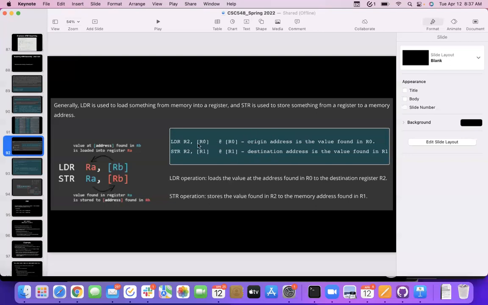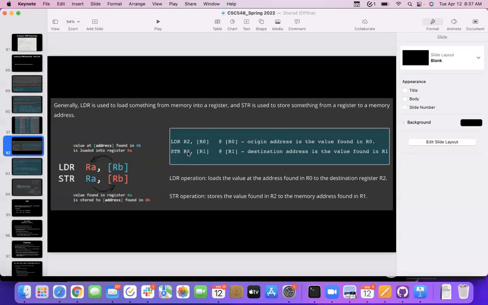So in brackets here, typically when we see brackets, we're talking about a memory address. R0 is the name of a register. So presumably what would happen here is we would load into R0 an actual system memory address, and then this would say load into R2 whatever's found at that address.